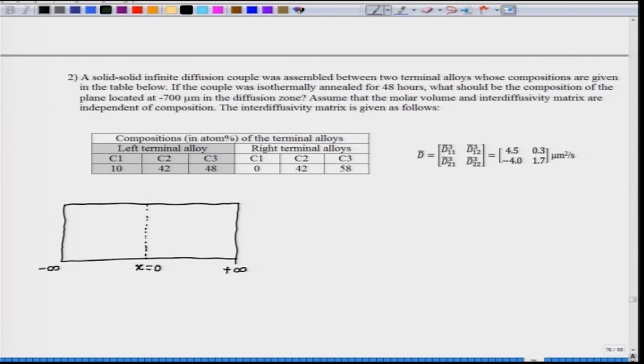Now, in the left terminal alloy, the initial concentrations, which we typically denote by C minus. So, C 1 minus is 0.1, let us write in terms of mole fractions. C 2 minus is 0.42, and C 3 minus is 0.48.